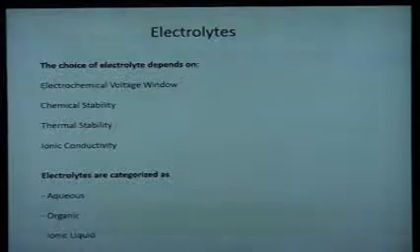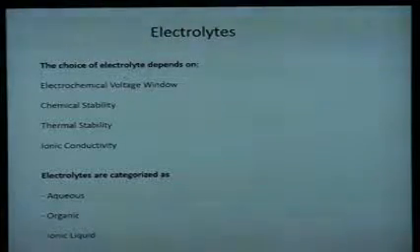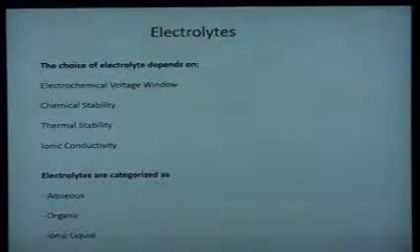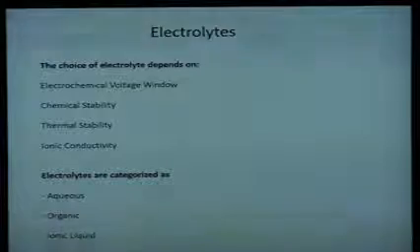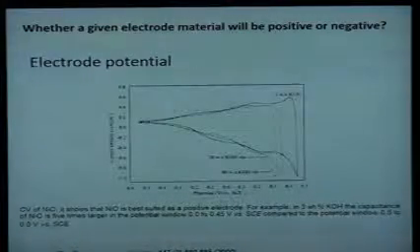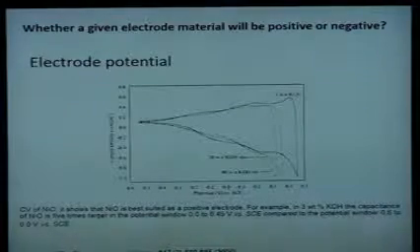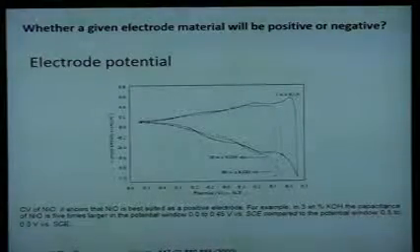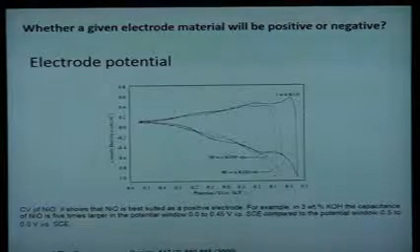Now coming to the electrolyte side. The choice of electrolyte depends on its electrochemical voltage window, chemical stability, thermal stability, as well as the ionic conductivity. Electrolytes are characterized as organic, aqueous and ionic liquid. Now how do I decide, with a given electrolyte system, whether the electrode will be positive or negative?